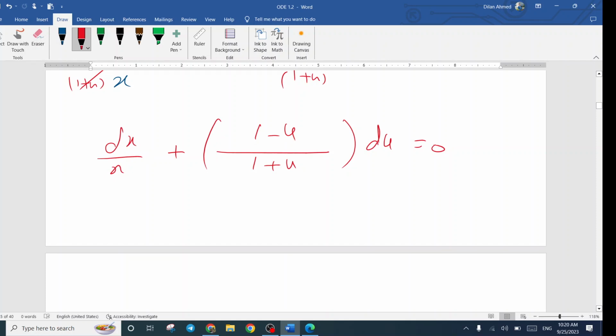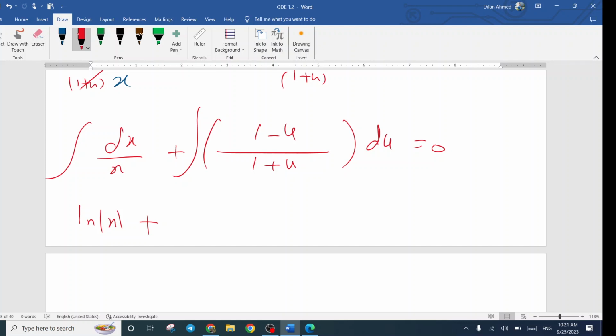The first one is easy. It will be 1 over x. How about the second one? How do you solve this integral? Think about it.